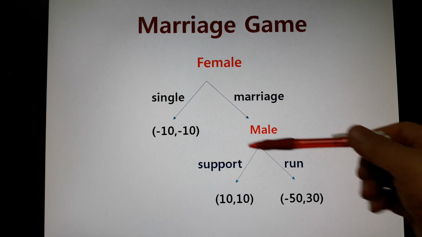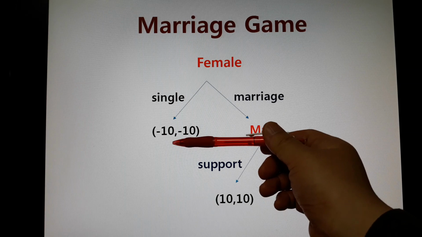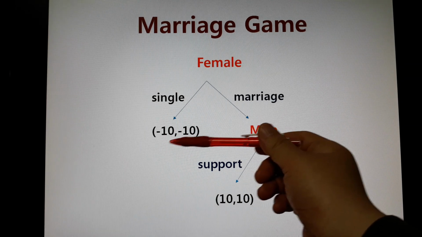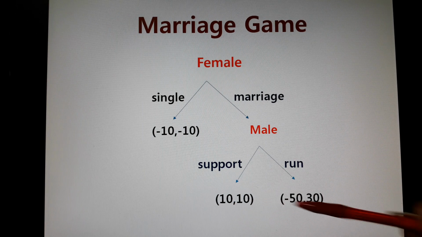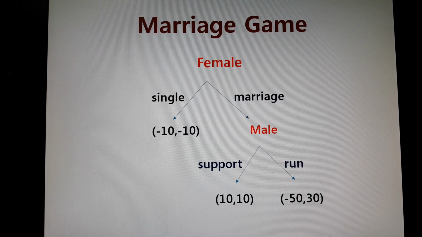So any economist will say, oh, if two people at negative 10, negative 10 change to 10, 10, that is a Pareto improvement, we should do this.